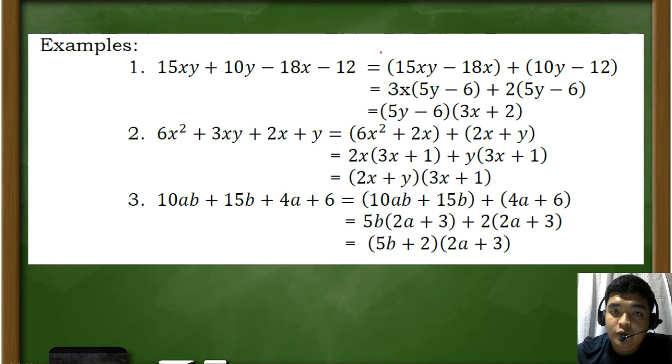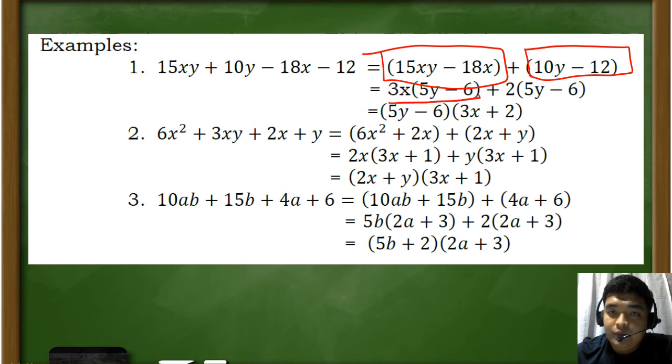Then we use the GCF on each group. Since 5y minus 6 is common, we place it here, and we have 3x plus 2 here. So the factored form is 5y minus 6 times the quantity 3x plus 2.